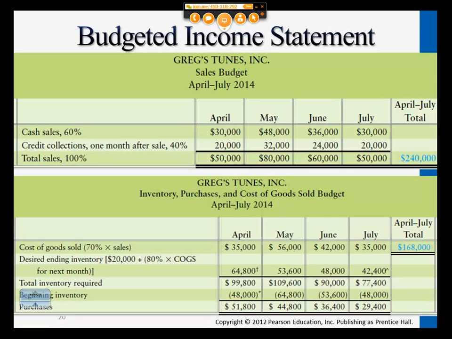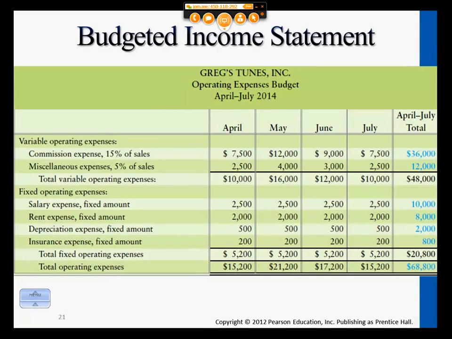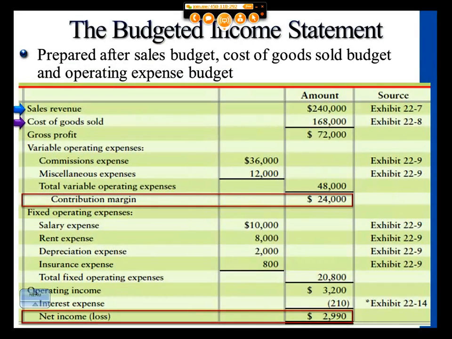Like for desired ending inventory. And that's how I put together my inventory purchases and cost of goods sold budget. And then at the very end, I'm going to put together my operating expenses budget. Right? So these are the three. All right.